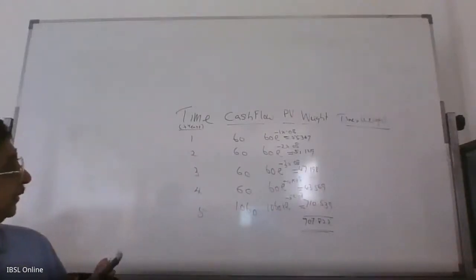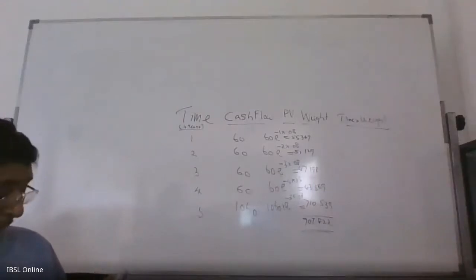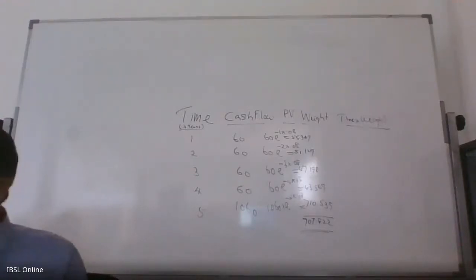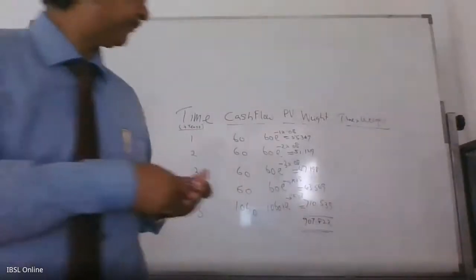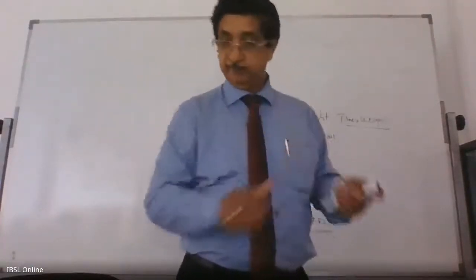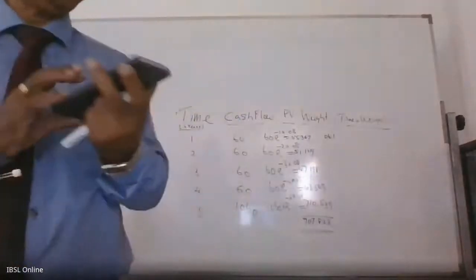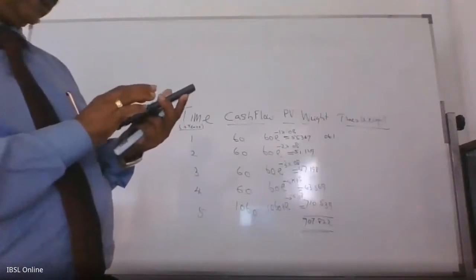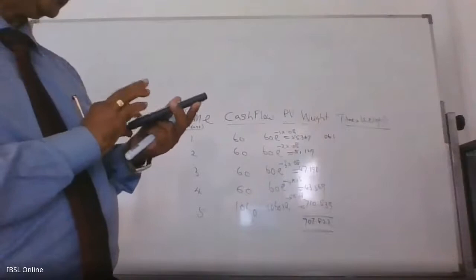So first of all, you get the weight for year 1, 55.387 divided by 907.822 equals 0.0610. I will put it in 3 decimals as 0.061. Then the second one, 51.129 divided by 907.822.